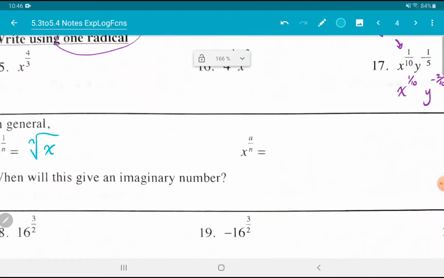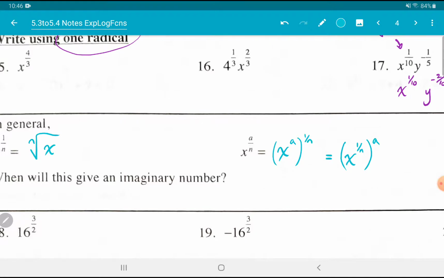Technically, x to the power of a over n can be rewritten as x to the power of a, and then that to the power of 1 over n. That's just multiplying our powers together. Or, alternatively, we could have x to the power of 1 over n, and then take that to the power of a.